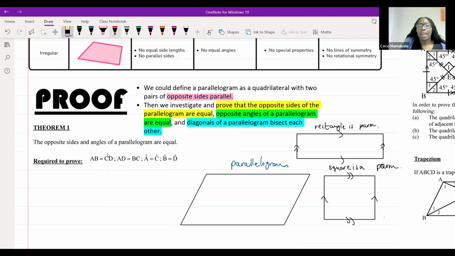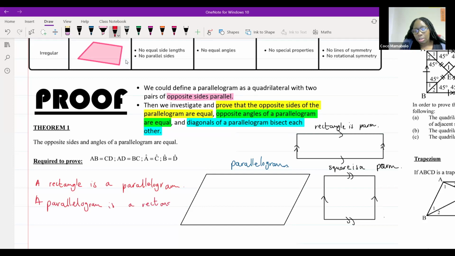Okay. If I say a rectangle is a parallelogram, does that mean that a parallelogram is a rectangle? Yes or no?